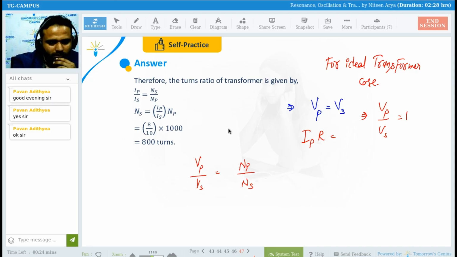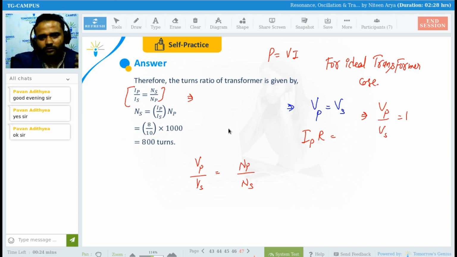How do we get this relation? IP by IS equals NS by NP. Okay. Got it. When you multiply V and I both together, you get this relation.